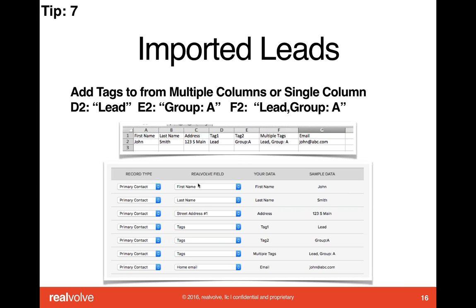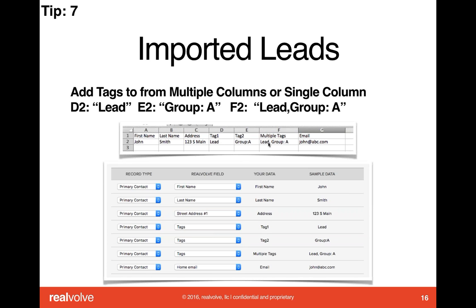Whenever you go to map this and you select first name, last name, address, it shows you what the heading is. In this case, my tag 1, which was my column D, I'm going to assign to tags. My E2 tag is going to go into tags as well. And likewise, I have the ability to assign my multiple tags to tags.